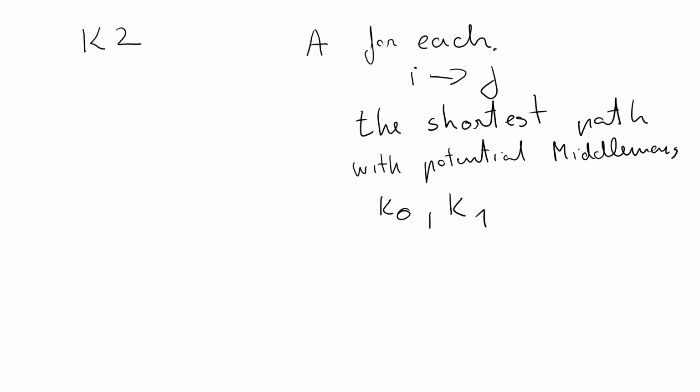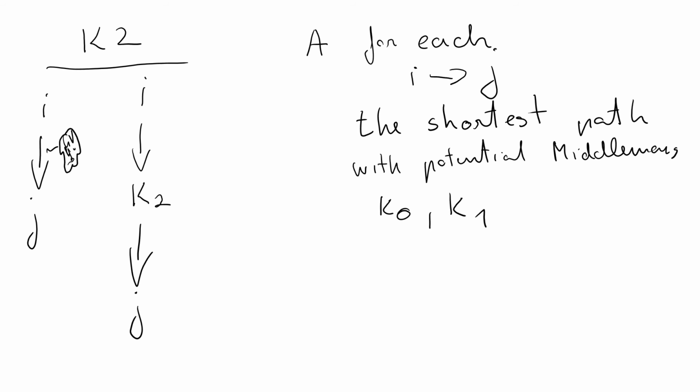So when we are now in this part of creating this new comparison of whether we should use just directly I to j, we know that here there is the shortest of very many options that we considered previously. We now can compare this to I to K2 and to j. And we know actually here this is the shortest with nodes K0 and K1, either, potentially. And again, this also is the shortest.